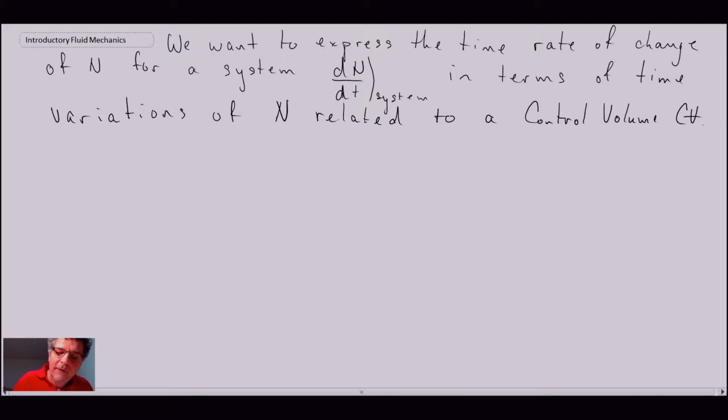So we're after a way to express this time rate of change for any of our system properties in terms of a control volume.